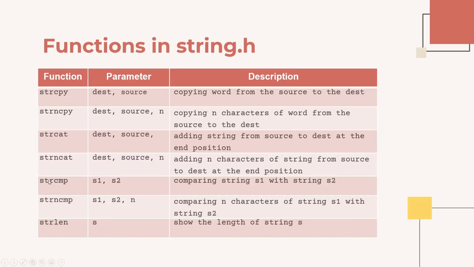And the next is strcmp, and the parameters are s1, s2. It is used to compare string s1 with string s2. And then strncmp, the parameters are s1, s2, and then n. It is used to compare n characters of string s1 with string s2. And the last is the strlen function. The parameter is s, and it is used to show the length of string s.